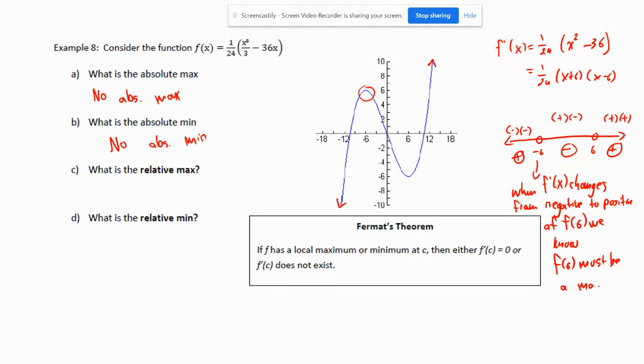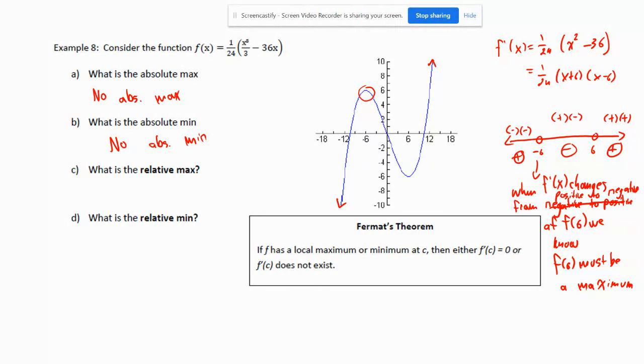Okay, so if it goes from increasing to decreasing, I got this backwards. It goes from positive to negative. f at 6 must be a maximum.